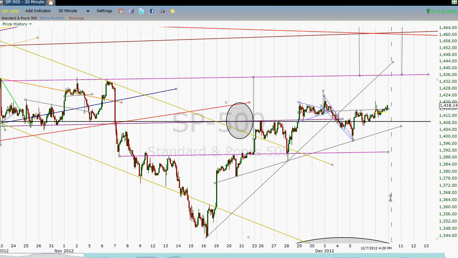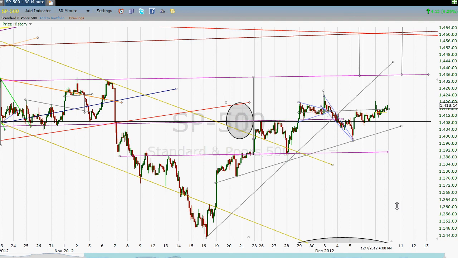Typically when you have an important support line break, it does so in a more dramatic fashion than prices simply ignoring it and just kind of trading nonchalantly down through it. So this line right here is kind of suspect, but I'm leaving it on the chart.